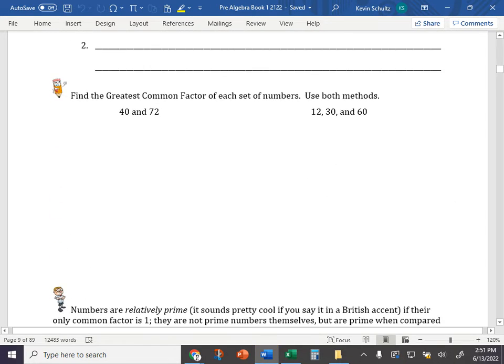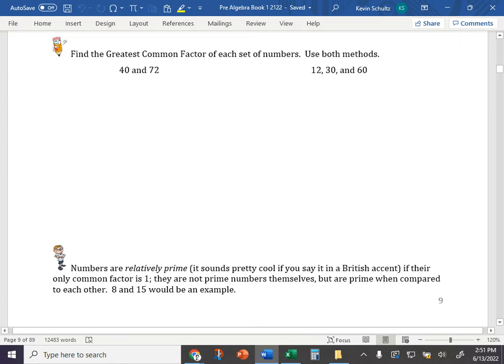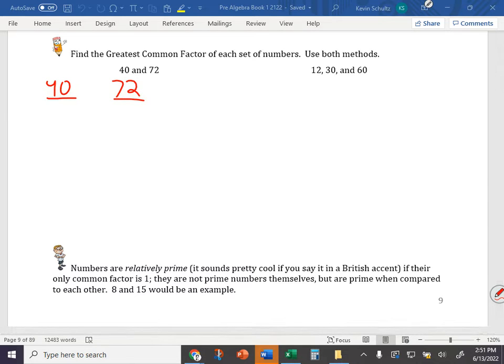We are going to jump right into an example with 40 and 72. Using the listing method, we are simply going to list the factors of 40 and list the factors of 72. So for 40, we have 1 and 40, 2 and 20, 4 and 10, 5 and 8.